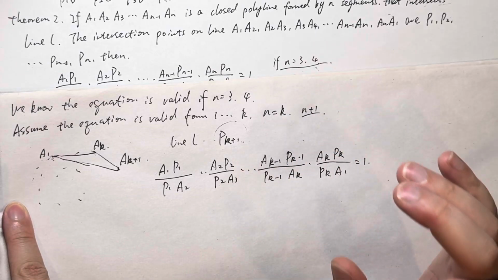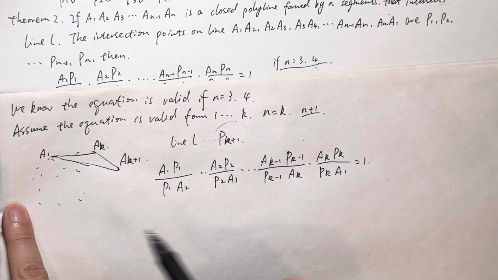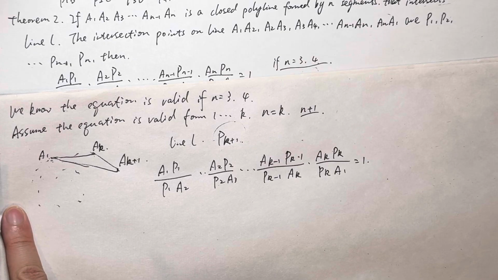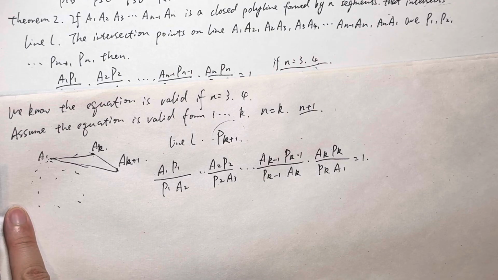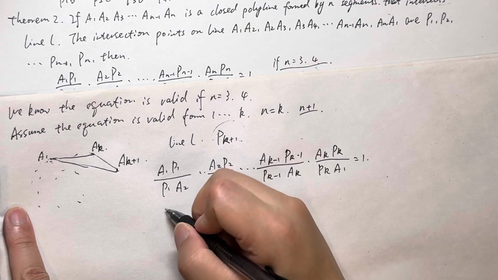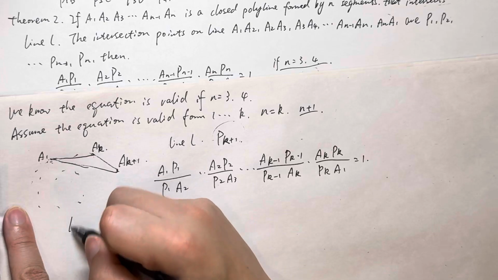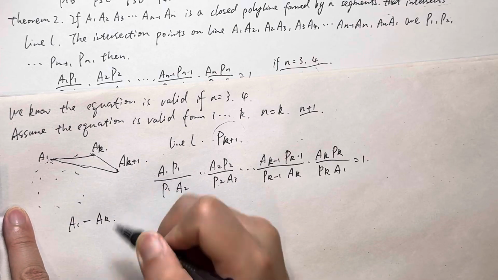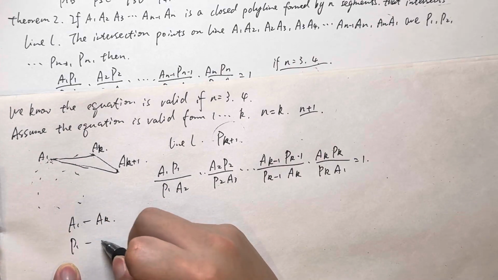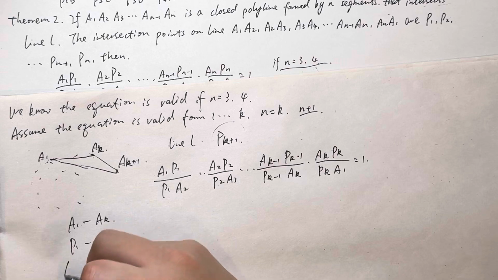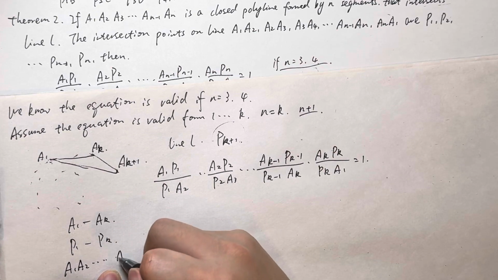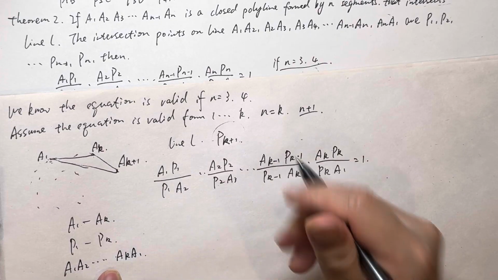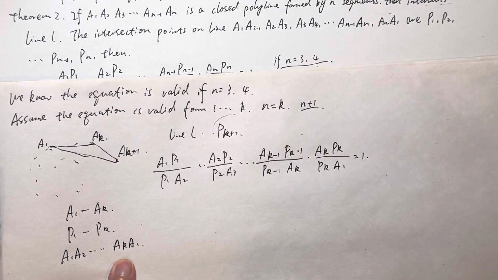It would be very confused because now the PK minus 1 point should be, or let's say in the previous system that from A1 to AK, we have P1 to PK, which reference to A1, A2, all the way to AK, A1, right?